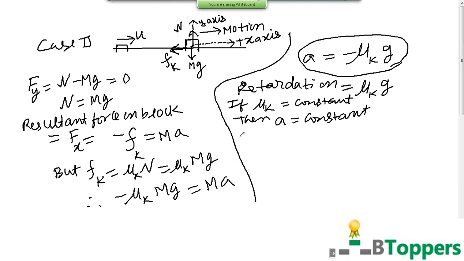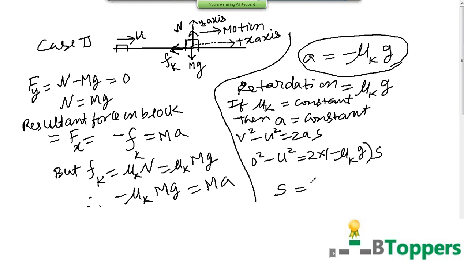So to find the distance traveled by the block before it comes to rest, we can use the equation v square minus u square equal to 2as. The final velocity when the block stops, you can take v equal to 0, and a equal to minus mu k into g.